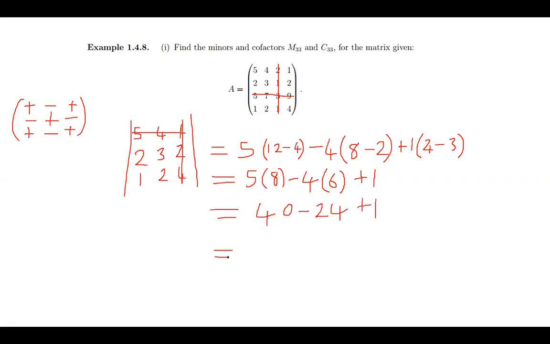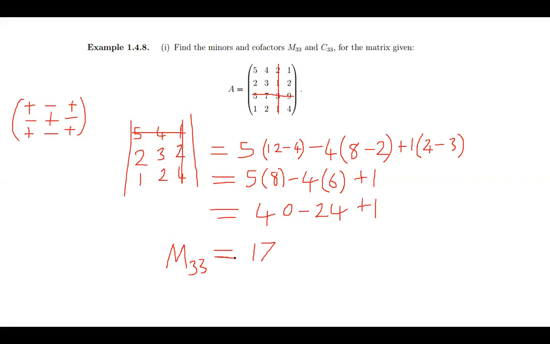So what you're going to have here is 41 minus 24. You're going to get your answer to be 17. So this is the minor on row number 3 and column number 3. This is the minor, 17.